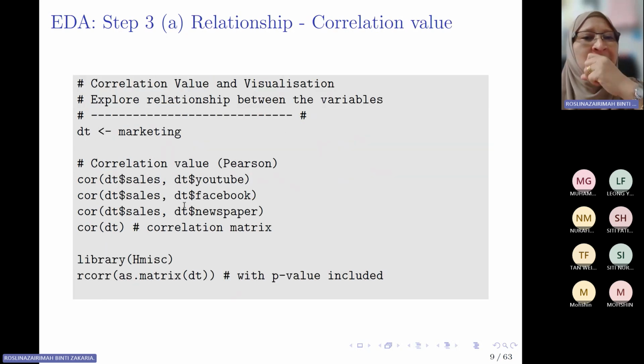Now the third step will be how we check the relationship that may exist between these 3 variables. So we use the term correlation value. Have you ever used correlation before? Any of you?